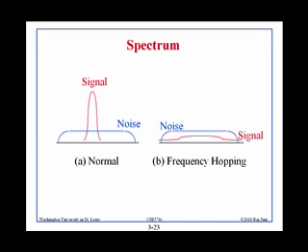So if you take an average over a long period, the signal is spread all over. It might even be less than the noise. However, at any one particular instant, you see the power is at one particular frequency. But when you take over a long period of time, power is spread. So that is why we call it frequency hopping spread spectrum. What we have done is we have spread the power all over the spectrum.